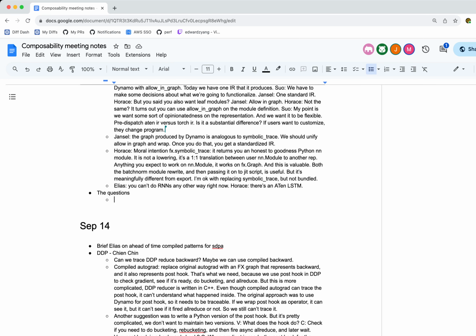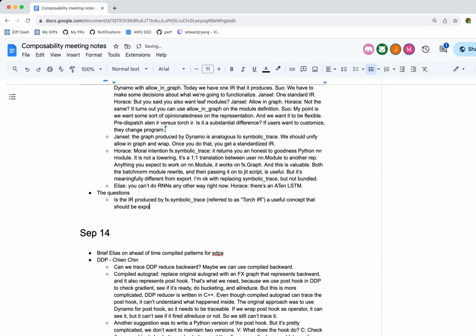Okay, but this is actually a good segue. One question that people are asking is: is the IR produced by FX symbolic trace, referred to as Torch IR, a useful concept that should be exposed by our system? Many people in this meeting have argued yes.